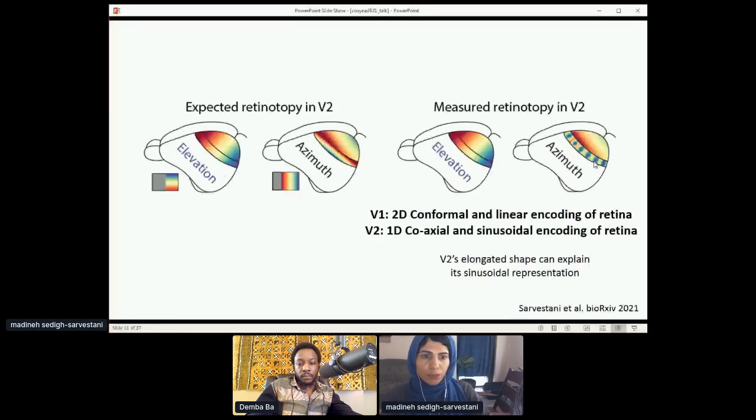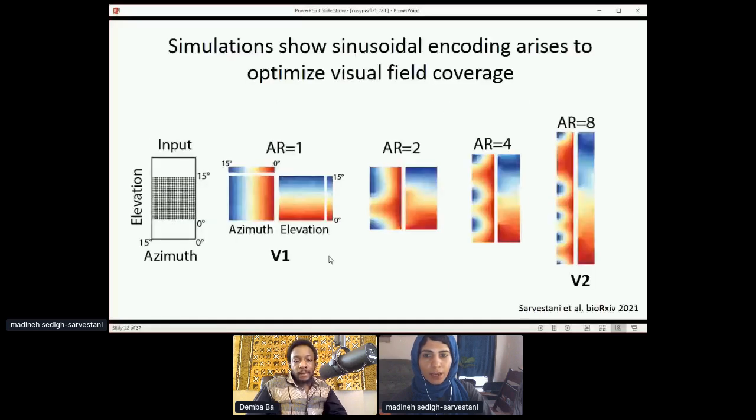I don't really have time to get into it here, but one obvious answer is that they have different shapes. Area V2 has a long aspect ratio, is thin. And we did some modeling. You can check out the preprint. There's a section in there that shows that you can use a self-organizing model with the same type of parameters and physical constraints to produce simple linear retinotopy maps at low aspect ratios resembling V1.